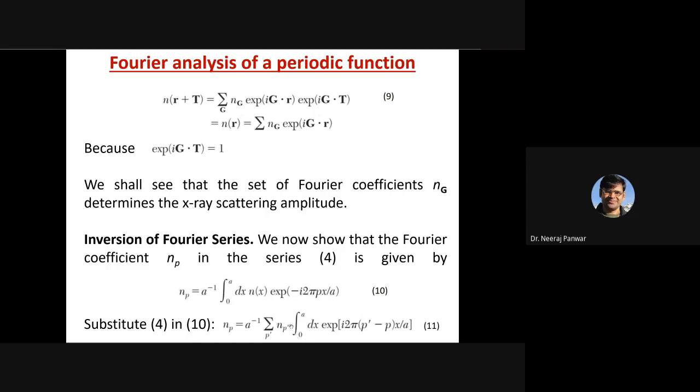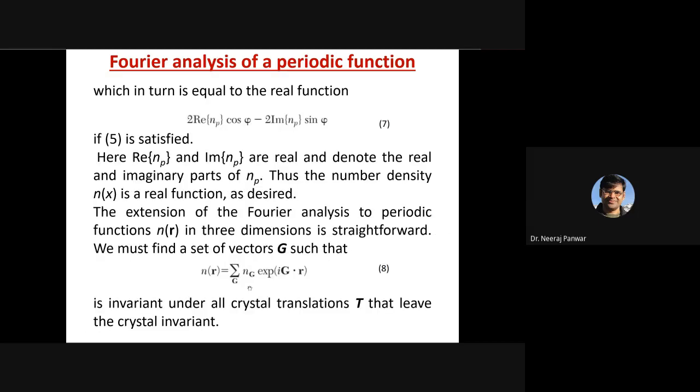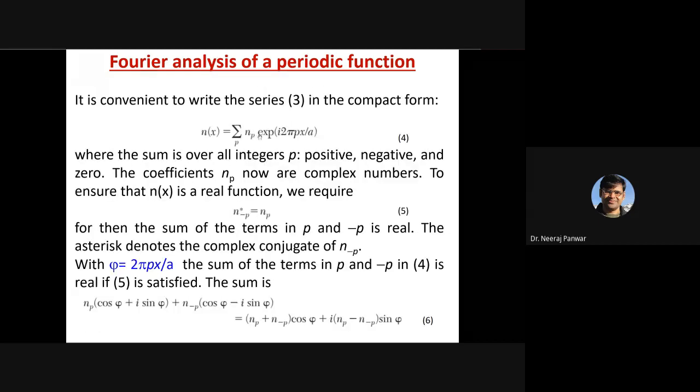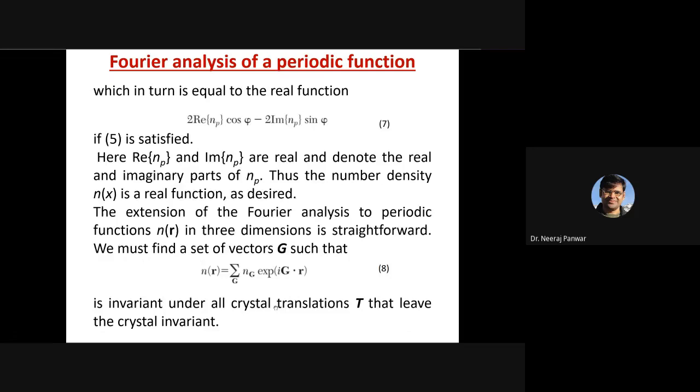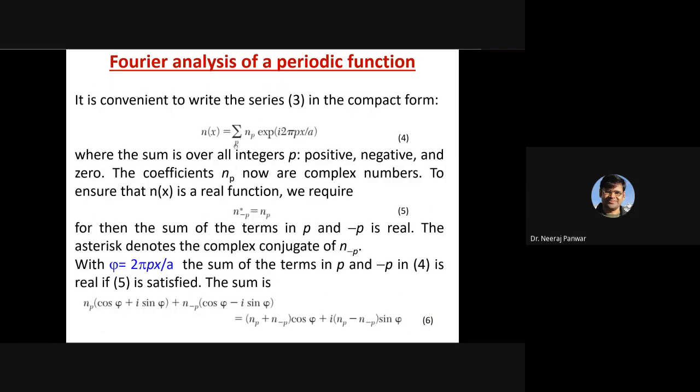n(x) can be replaced from this expression. So for nP we are going to get this term, and because we are already having p, we need to have different p for this series. So p prime, we can represent p prime.